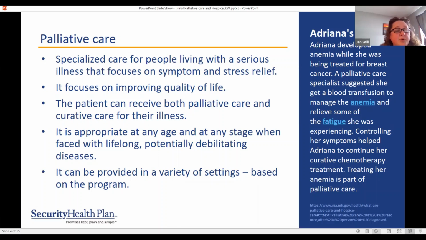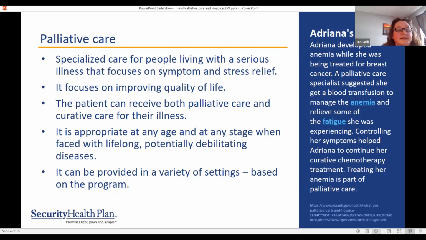Patients can receive both palliative care and curative care for their illness. This is very important to remember, as this is a major difference between hospice care and general palliative care programs. You can again get both curative care and comfort care at the same time when on a general palliative care program. Palliative care is appropriate at any age or at any stage when faced with a lifelong, potentially debilitating disease.